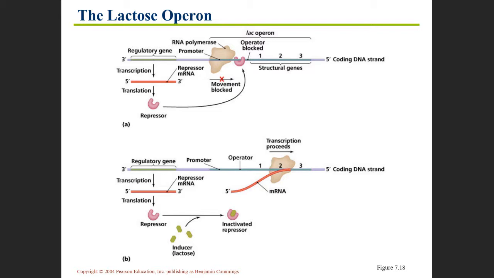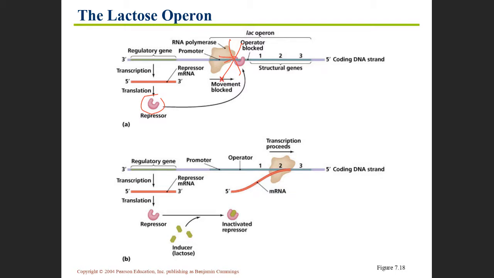So since glucose is usually the source of energy, usually the lac operon is turned off. And it is turned off by a little repressor protein that sits on the operator and physically blocks RNA polymerase from moving on. Okay. What makes that gene be turned on?